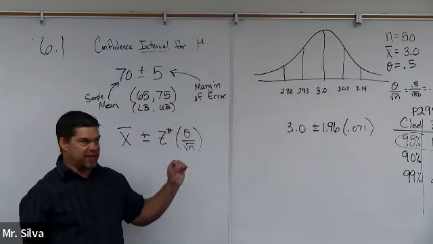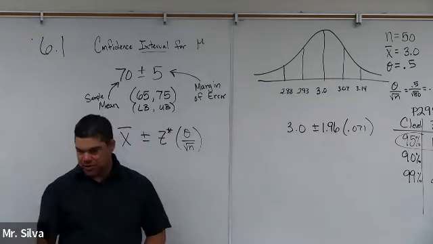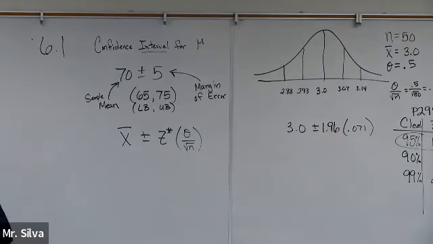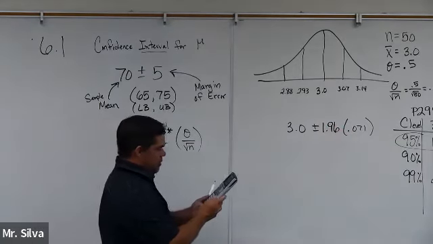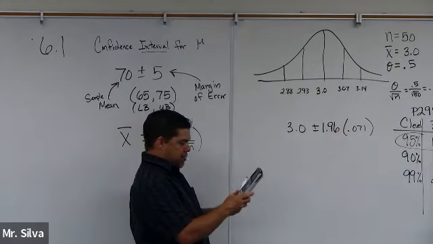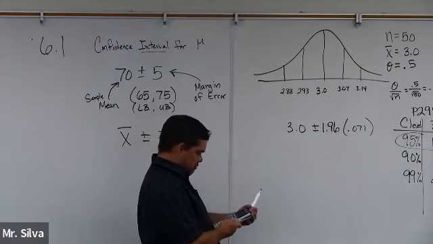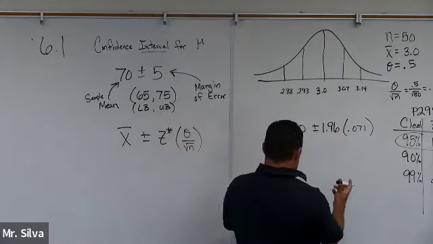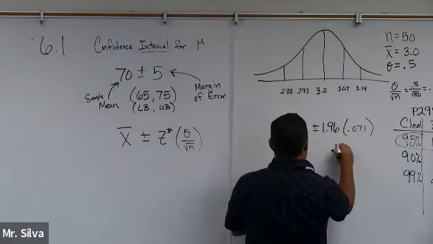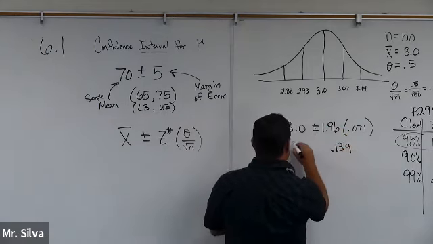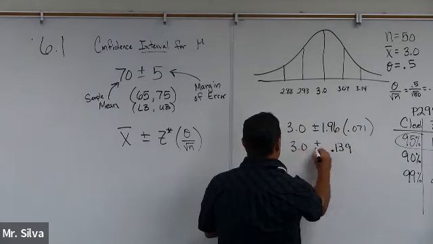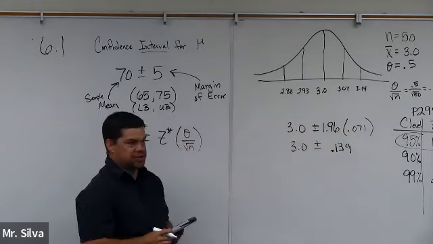I'll talk about confidence in a couple minutes. We'll just finish this though. So I'm going to do some calculations here. Multiply by 1.96. I just multiplied those two numbers.